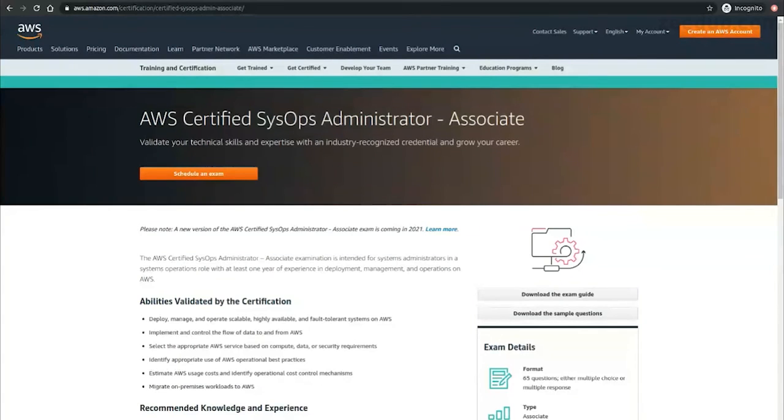So these are a few steps that are like a requirement when it comes to AWS, specifically AWS SysOps, because you are more on the back end and you are more on figuring this out.